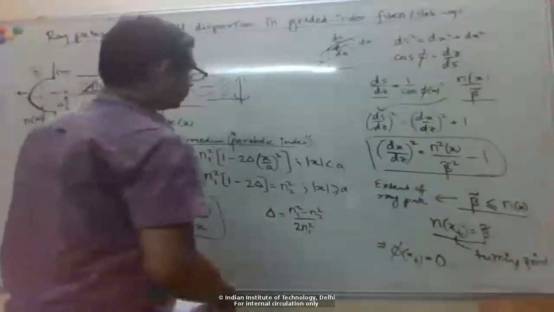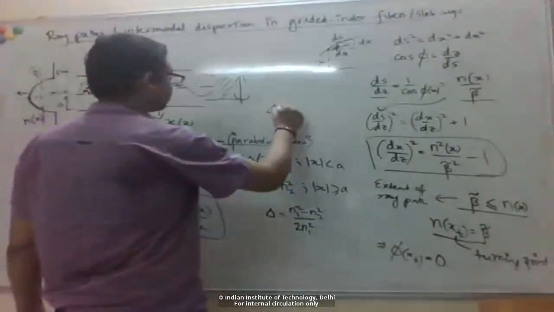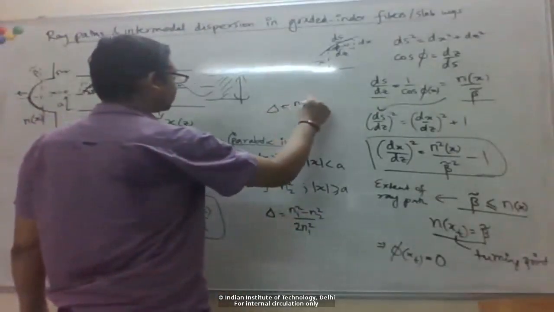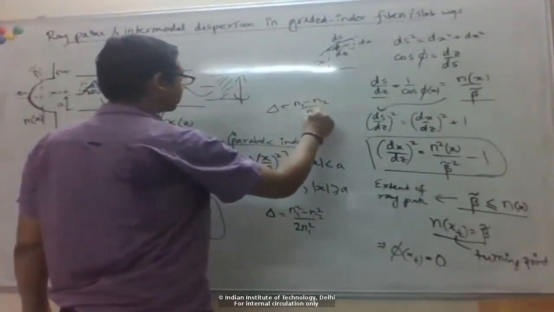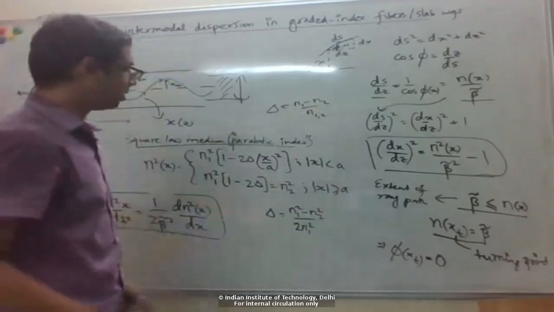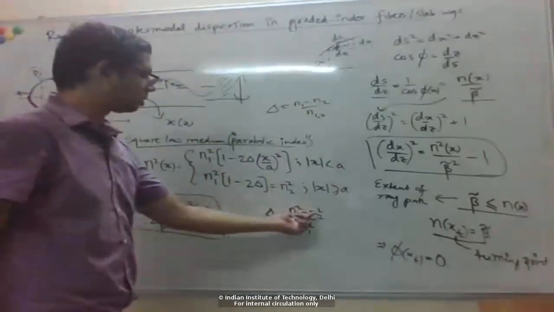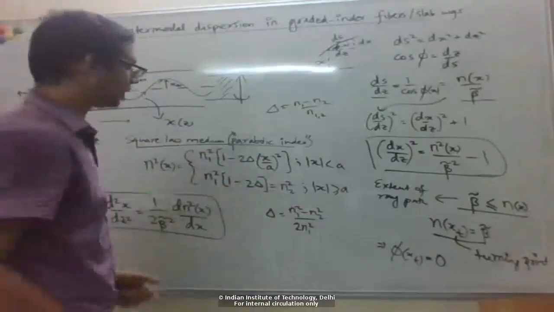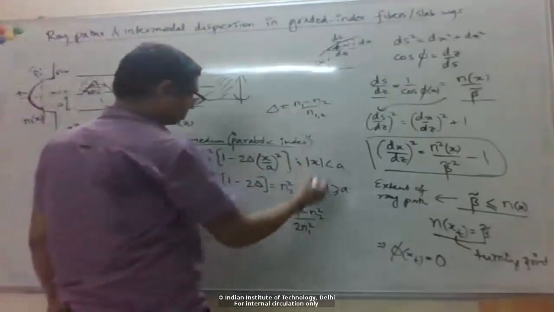In the last class we had denoted delta as something else, like this, with either n1 or n2 in the denominator. This looks slightly different, but if n1 and n2 are quite close, these two expressions are actually very similar.